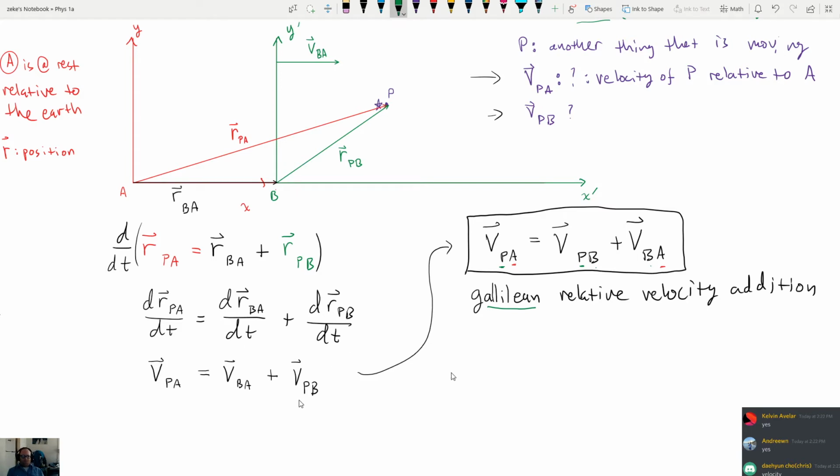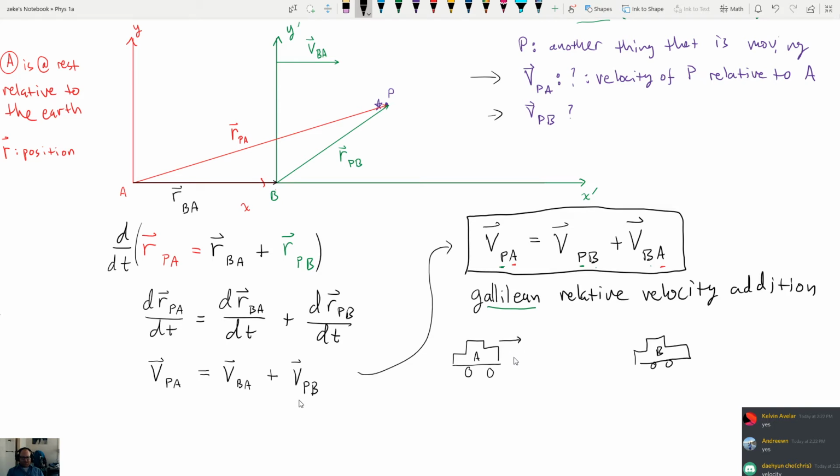So let's say that we are talking about two cars that are moving. So now I've got car A, I've got car B. Let's use the same numbers we used at the beginning.